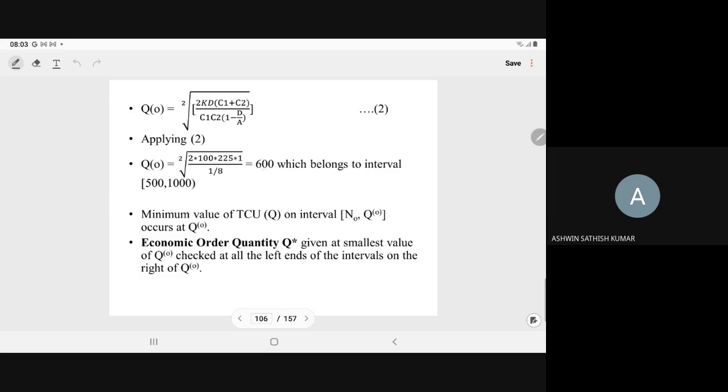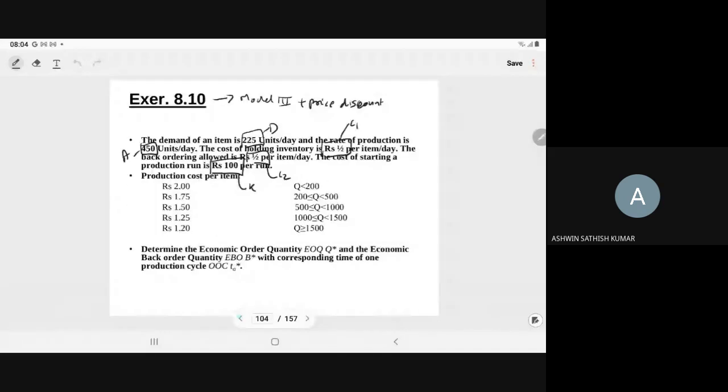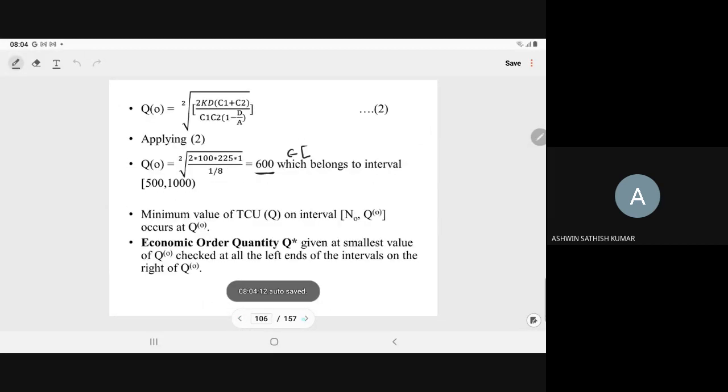By putting the values of K, D, C1, C2 and A, we get 600. Now we see which interval it belongs to. 600 belongs to the interval 500 to 1000.